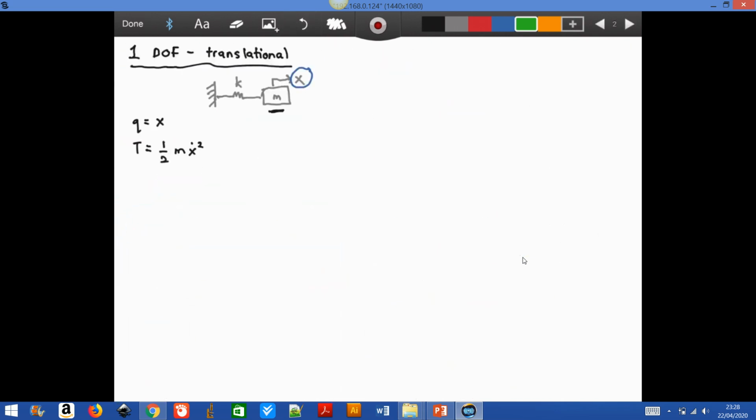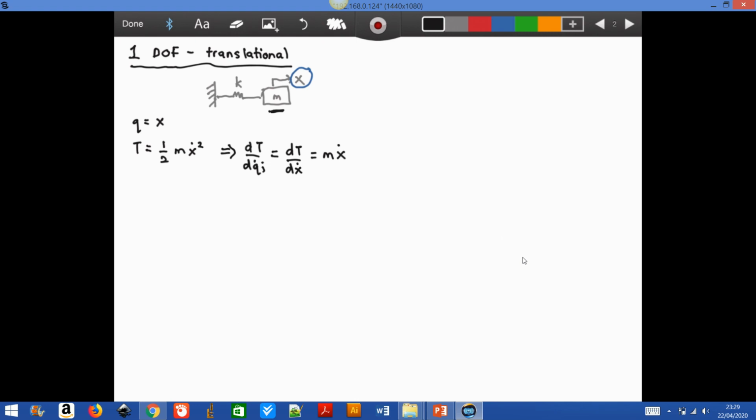So from T equal to half m x dot squared, therefore dT over d q dot j can also be written as dT over d x dot, which is m x dot.